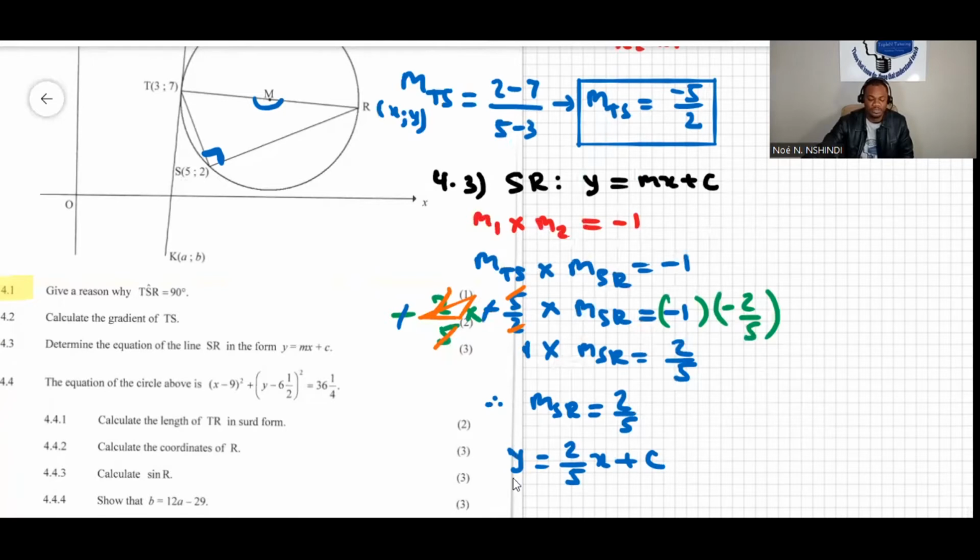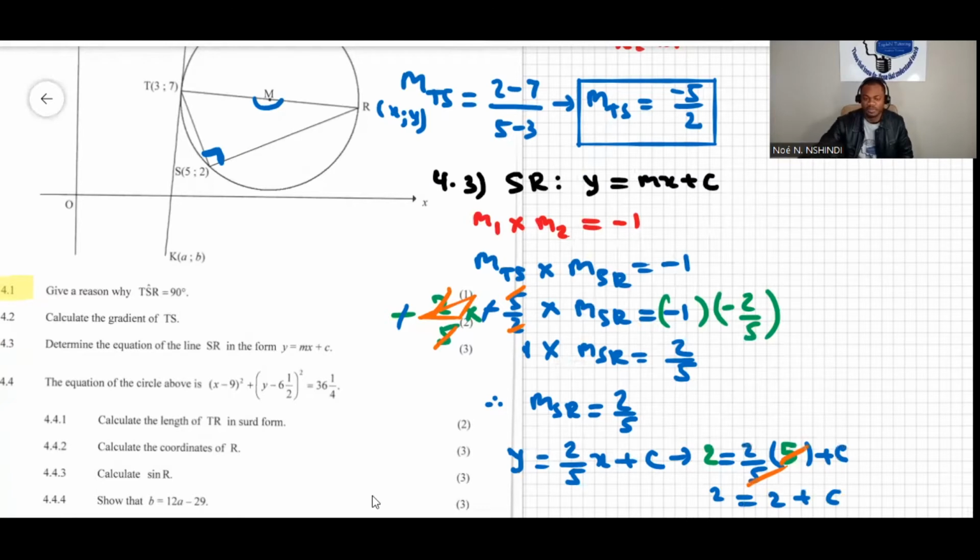I'm going to substitute 2 for y and 5 for x. So this will be 2 equals 2/5 times 5 plus c. Then we can simplify the 5 and 5 here, and we have 2 equals 2 plus c.